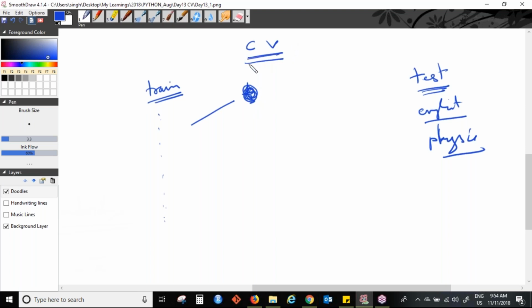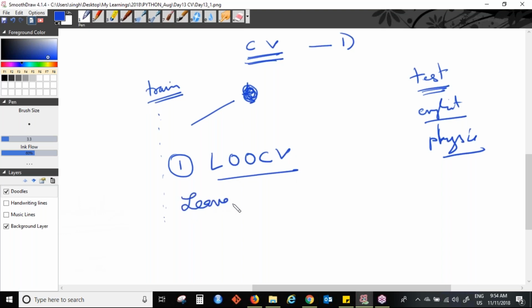So the first approach in cross validation is leave one out cross validation.